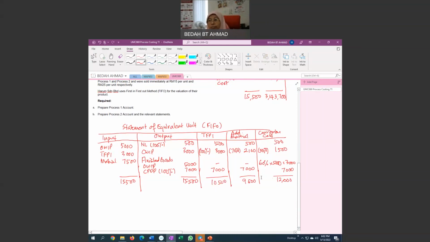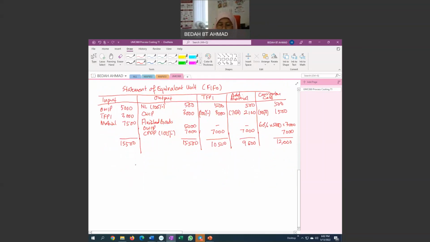Next, we have to prepare the statement of cost. We have to value the units in the statement of cost.